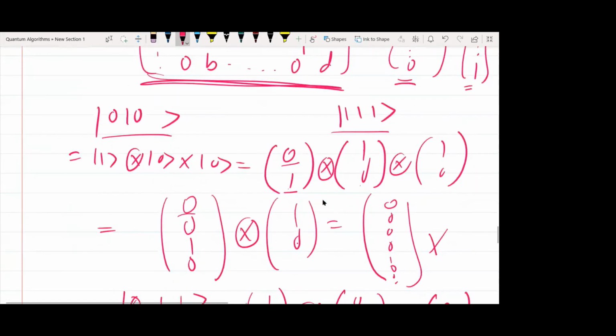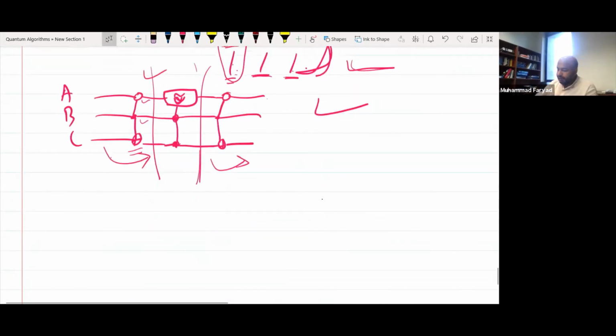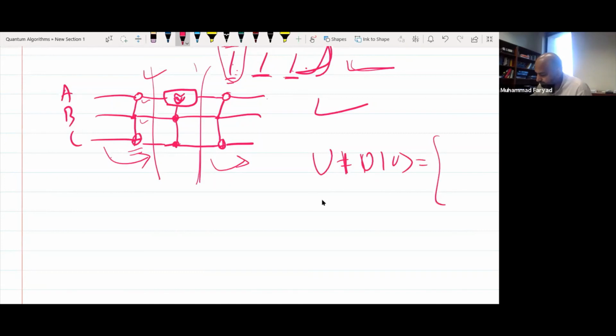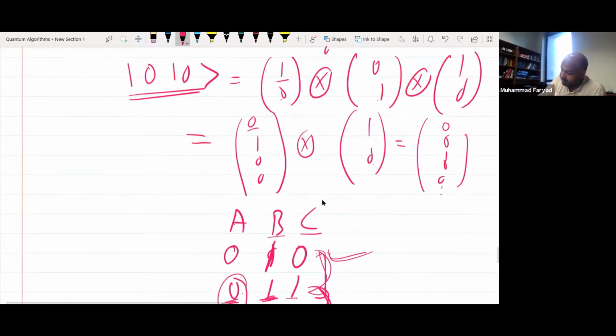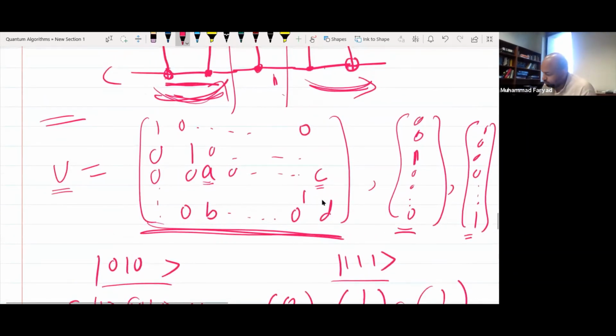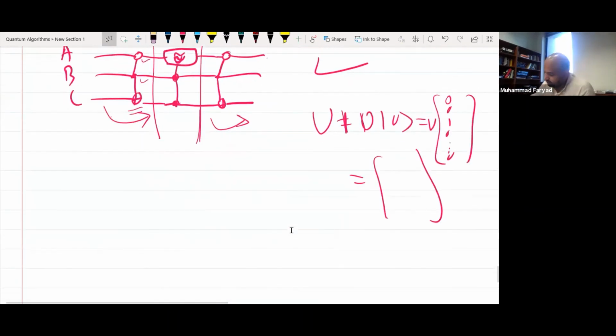So it means if we have a matrix U act on the state 0 1 0, we get U 0 0 1 0, and if you really implement this U on this one, we will have an entry here, A plus C. This would be 0 0, A plus C 0 0 like this.